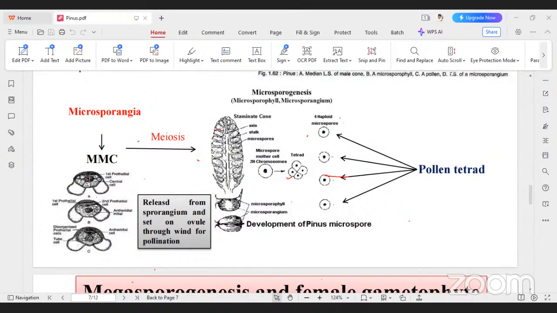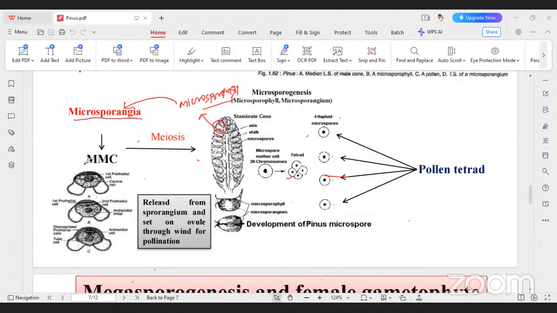This is the cone LS. Each one is considered a microsporophyll. Each microsporophyll has microsporangia.